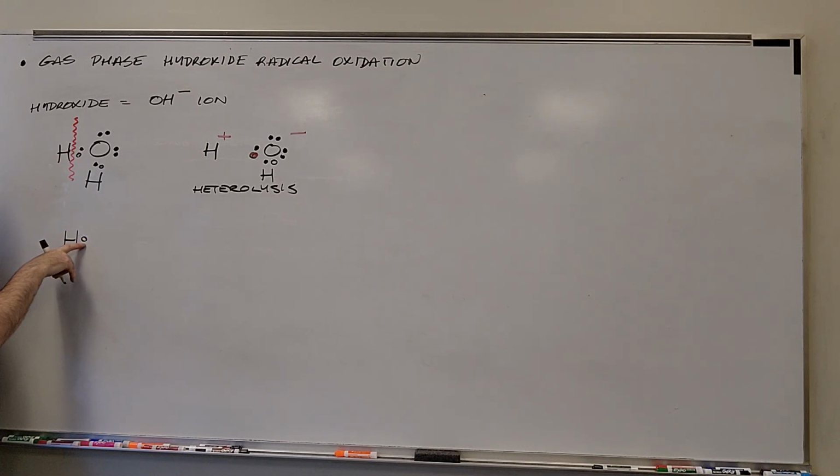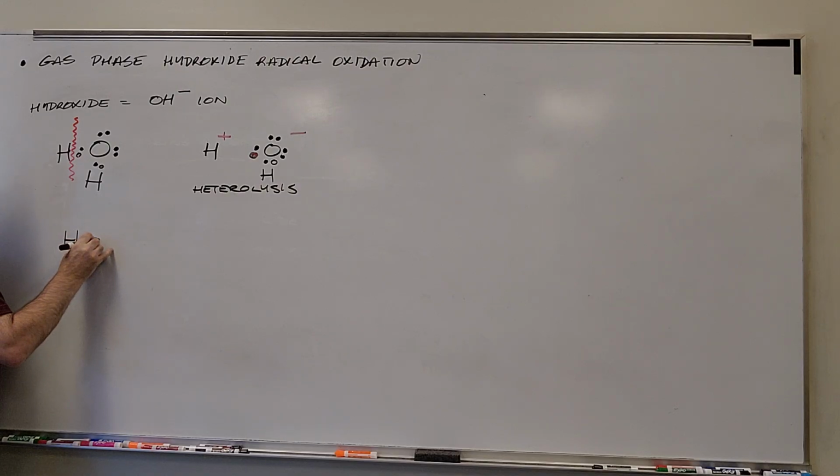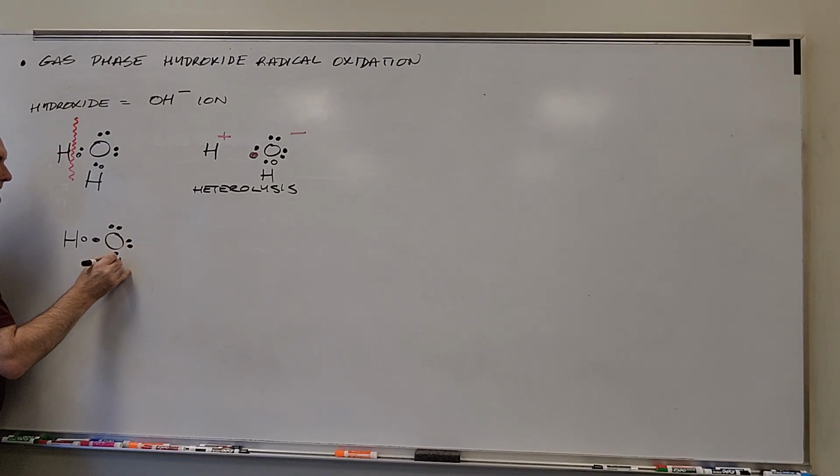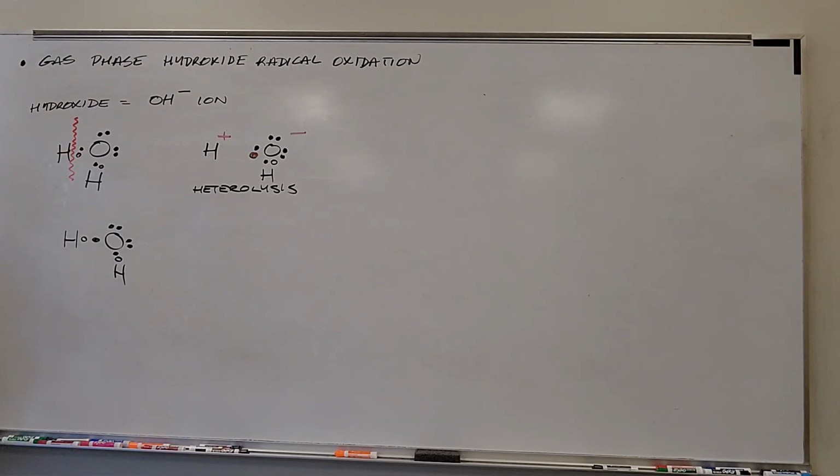The round circles are the electrons that belong to the hydrogen. The dark circles are the electrons that belong to the oxygen. I'm going to break that bond again, only I'm going to break it this way, down the middle, evenly.